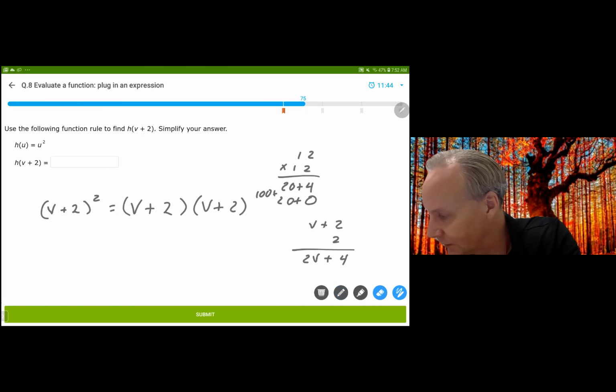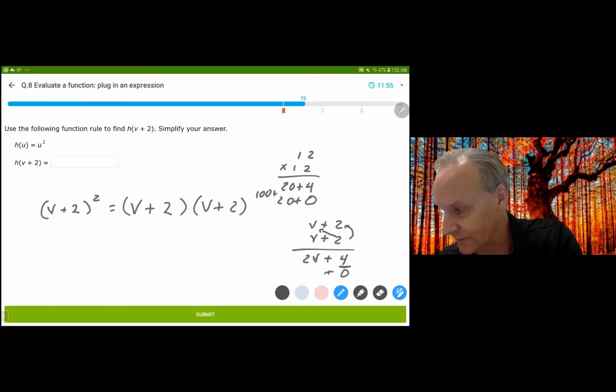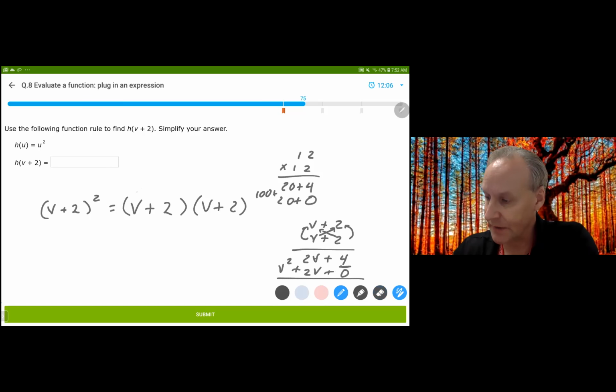V plus 2. So I'm going to multiply the 2 times the 2 and get the 4. Then I'm going to multiply this 2 times the v, and I'm going to get 2v. Then I'm going to put the plus 0. Then I multiply the v times the 2 and get 2v. And then I'm going to multiply the v times the v and get v squared. And then I add them up. That is the same as multiplying everything times everything else.